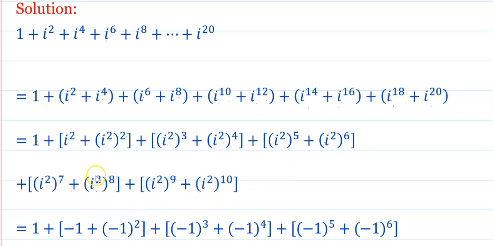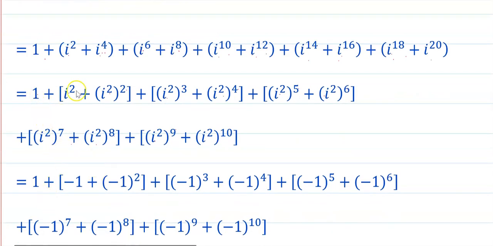Now the next. This is the 1. i square means minus 1, plus i square whole square means minus 1 whole square, that will be plus 1. Next, i square whole cube means minus 1 raised to 3, then minus 1 raised to 4, minus 1 raised to 5, minus 1 raised to 6, minus 1 raised to 7, minus 1 raised to 8, minus 1 raised to 9, minus 1 raised to 10.